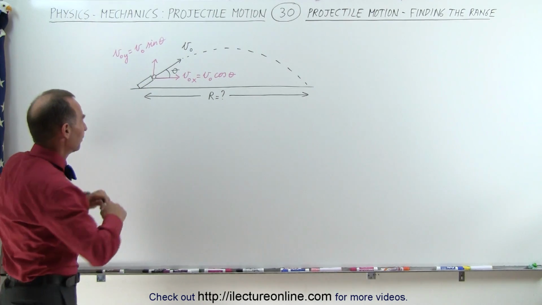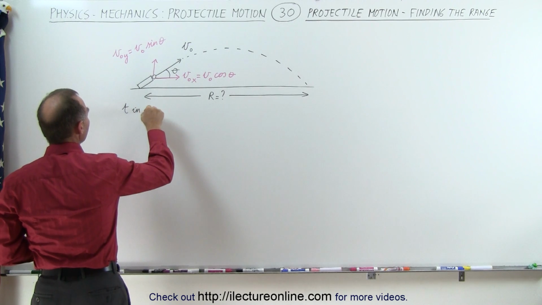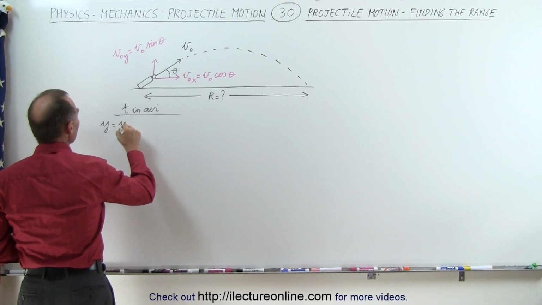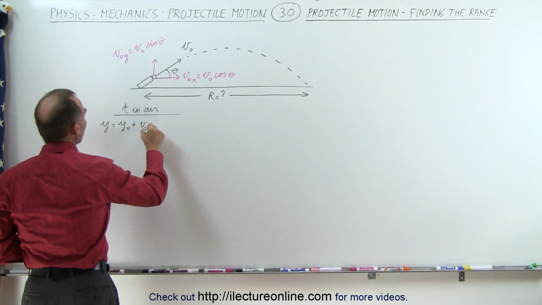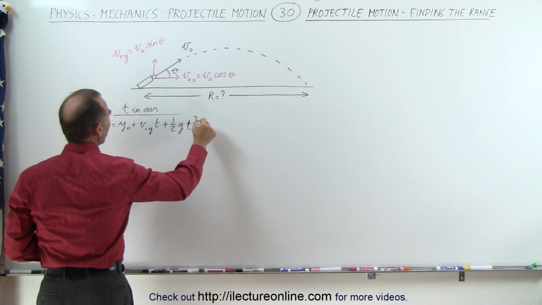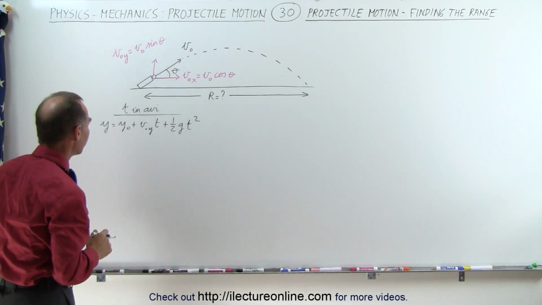the y direction. So using the y direction first, time in the air, we're going to use the equation y equals y sub naught plus v sub naught in the y direction times time plus 1/2 gt squared, remembering that g is a minus 9.8 meters per second squared.